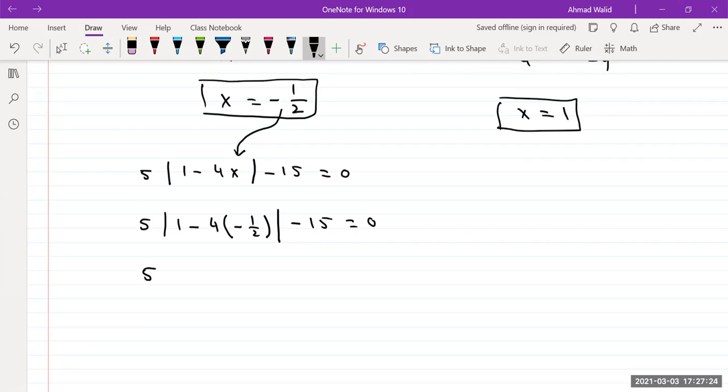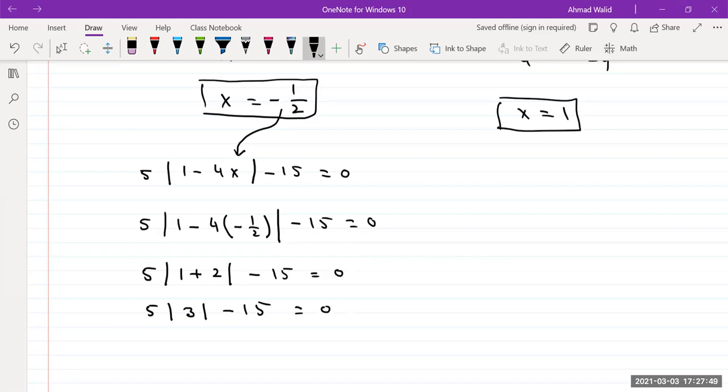Simplify: 5 absolute value of 1, negative times negative gives you positive, 4 times 1/2 gives you 2, right? Minus 15 equals 0. Then 5 absolute value of 3 minus 15 equals 0.